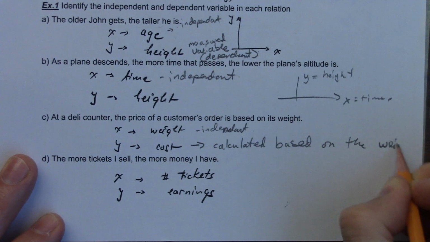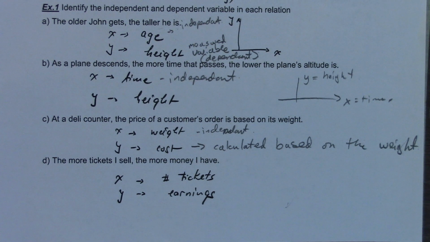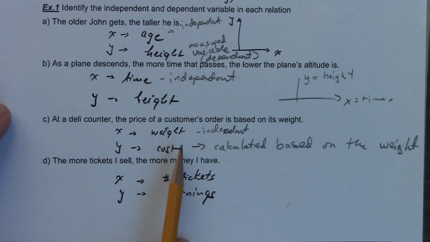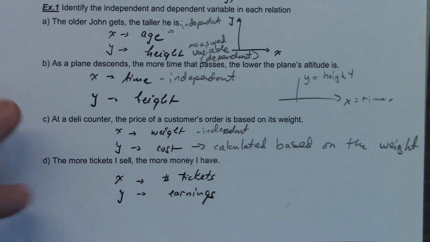Like how much meat you're buying at the deli. So the cost is the dependent variable, and the weight is the independent variable. Does that make sense? You might say, oh, well, weight is calculated. Well, not really. It's put on a scale and it's weighed, but it's actually the cost that's calculated based on that weight.